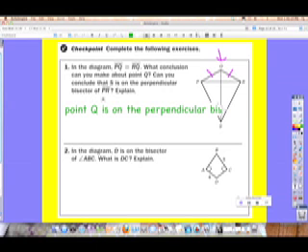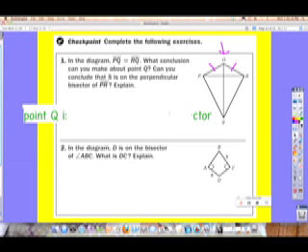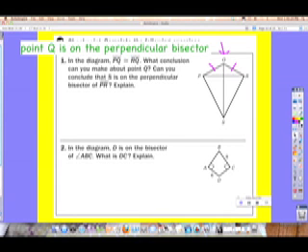Well then it says right here, can you conclude that S is on the perpendicular bisector of PR? I kind of don't like this question. Can I show you why? If you look at the picture, if you just draw a line down from Q to S, we just said that Q is on the perpendicular bisector, right? Well, technically, here's Q. If we draw a line down, don't you agree we'll get to S? So I feel like the picture is misleading.